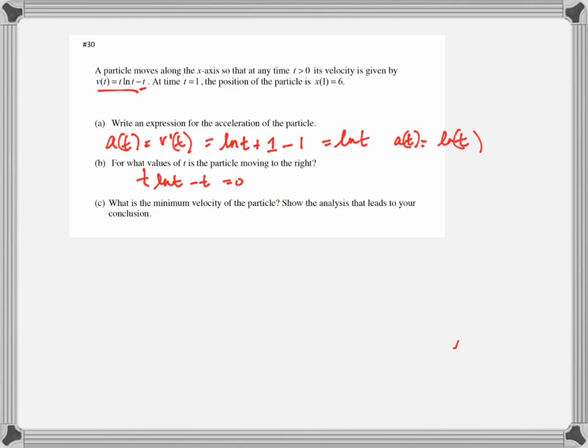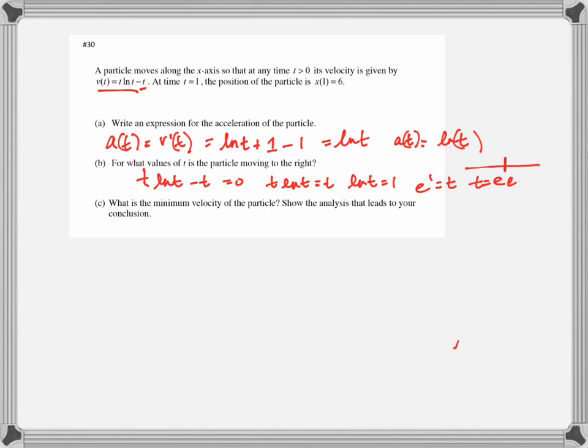So t ln t equals t, so ln t equals 1. So e to the 1 equals t, so t equals e. Now, if you're doing a sign chart, 0 is before e.